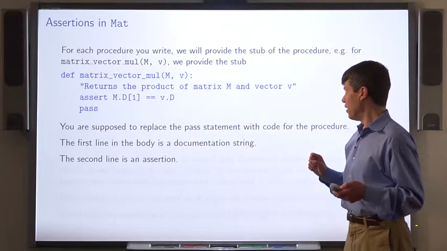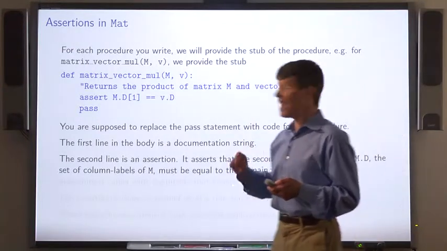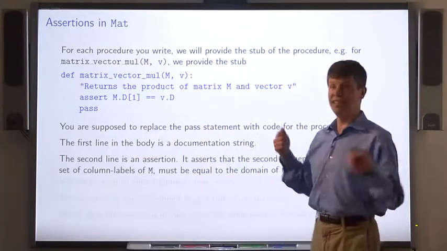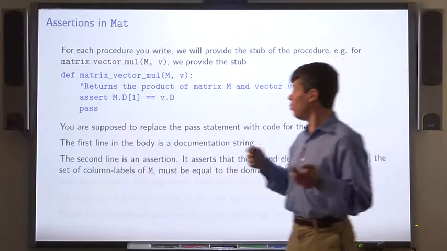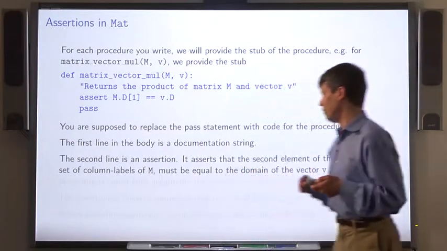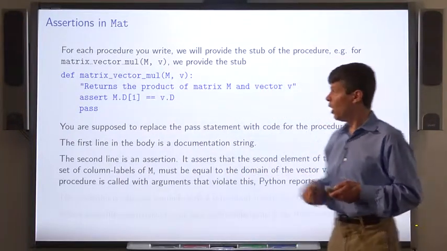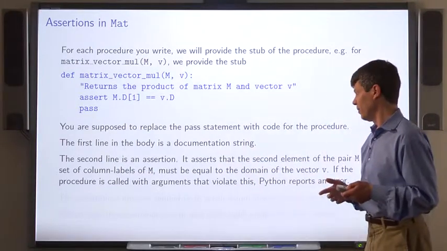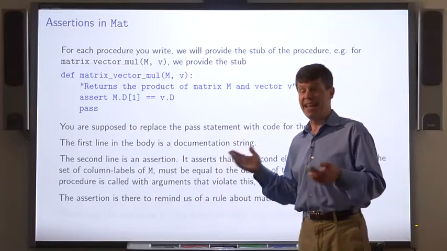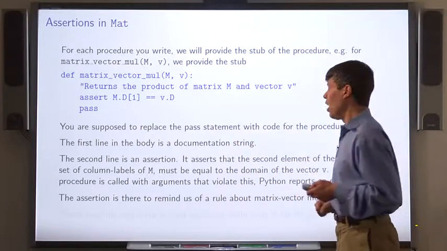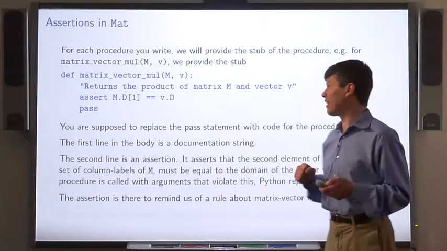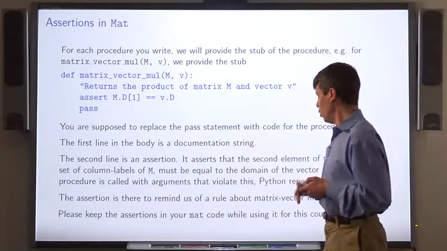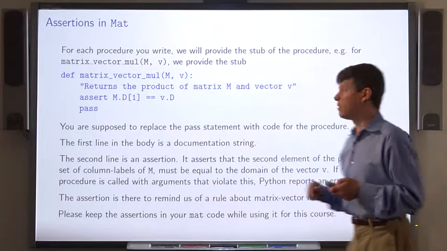In this case, it asserts that the second element of the D field of M has to be a set that's equal to the domain of the vector V. If this assertion is violated by the arguments, Python will report an error. So this assertion is there to remind us of a rule about, in this case, matrix vector multiplication. So please keep the assertions in your code when writing code for this class.